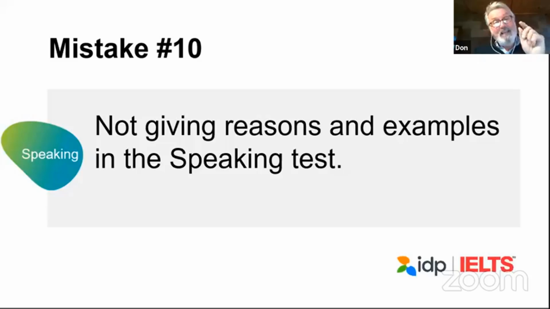If the examiner interrupts you, that means you're doing well because you are giving a long answer and the examiner wants to get on to another question, wants to get on to a different topic. So don't be worried about that. It's not being rude. It's actually a compliment to you if the examiner interrupts. Okay.